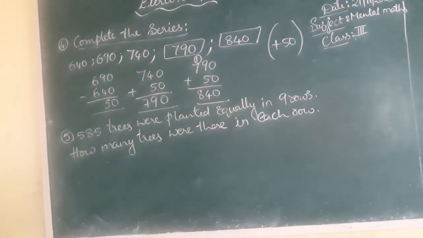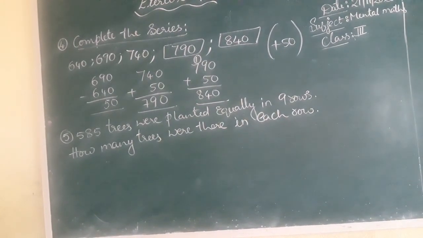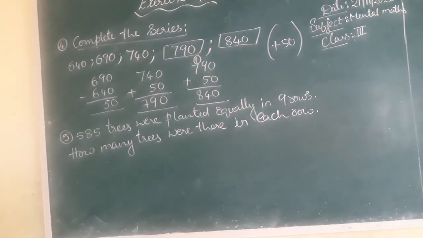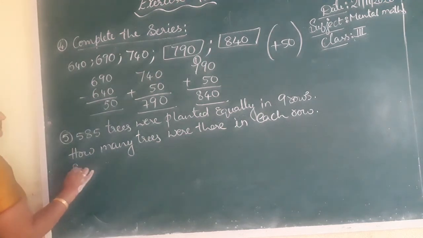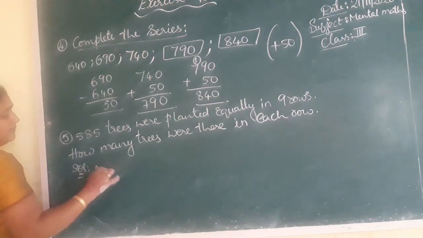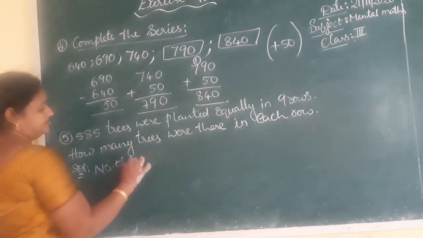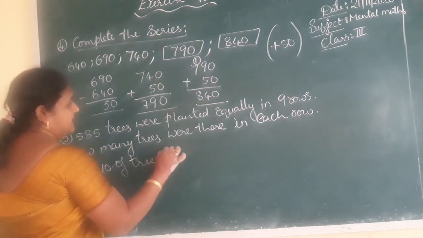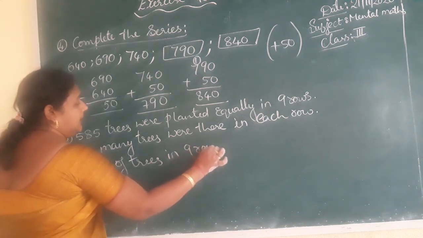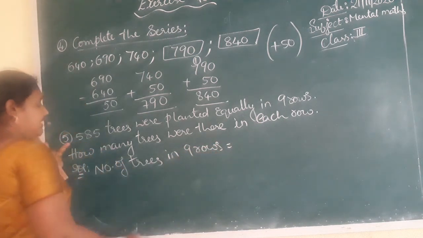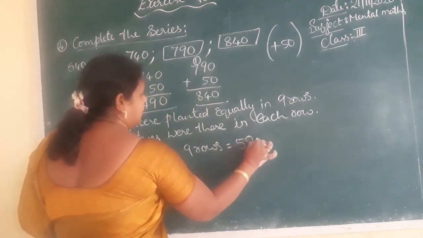What we have to do? They have given the total number of plants and the number of rows. Here they are asking how many plants are there in each row. In 9 rows, 585 trees are there.